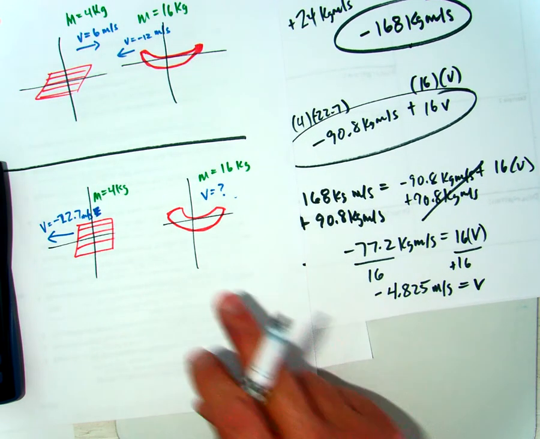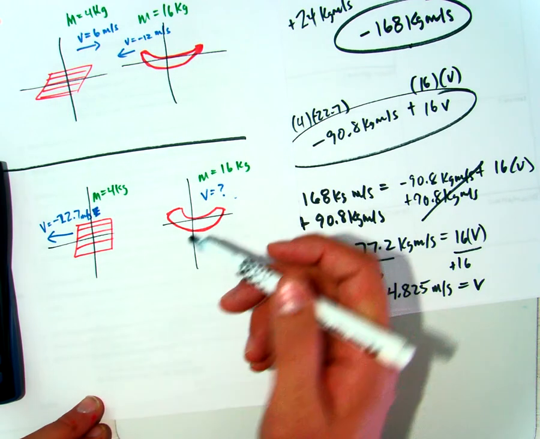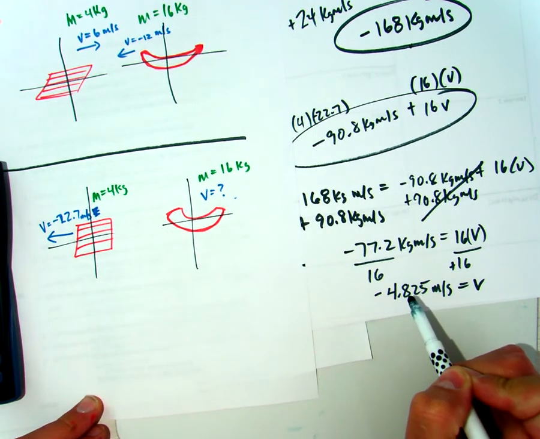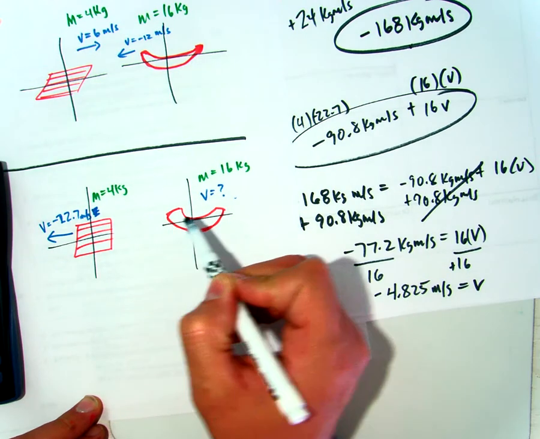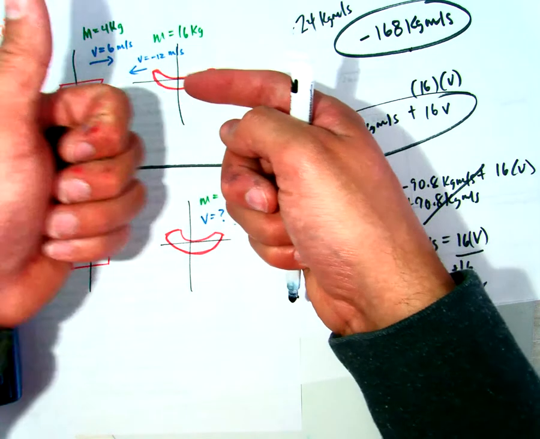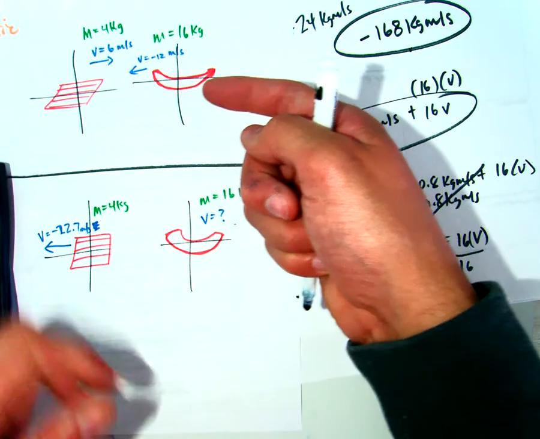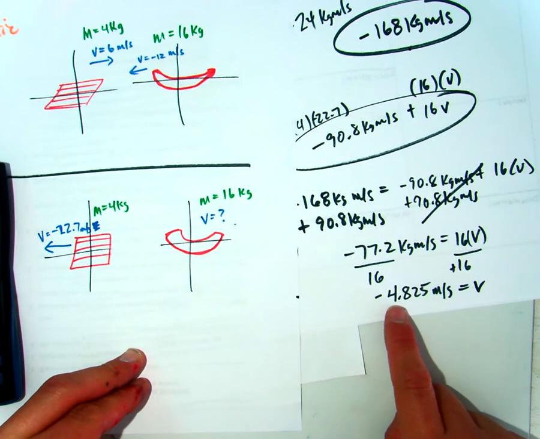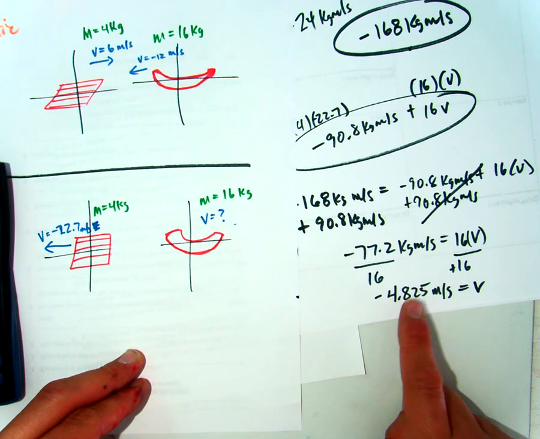The negative tells me that it's going to be moving, just like we predicted, to the left at 4.8 meters per second. So before, they're going in opposite directions, they collide, the canoe bounces back and moves to the left, and the canoe continues to move left. How fast is it moving? It's moving at 4.8 meters per second.